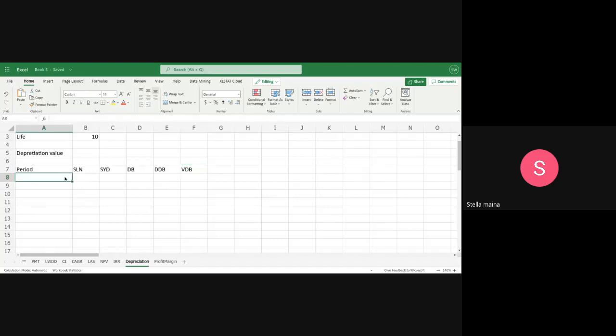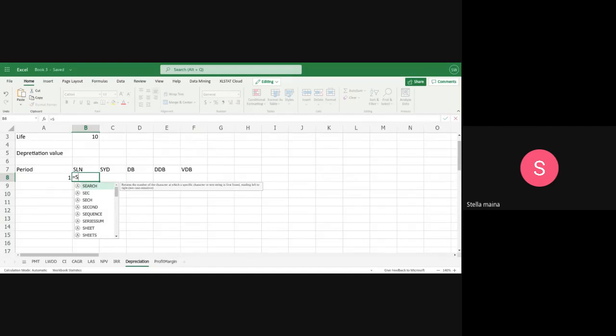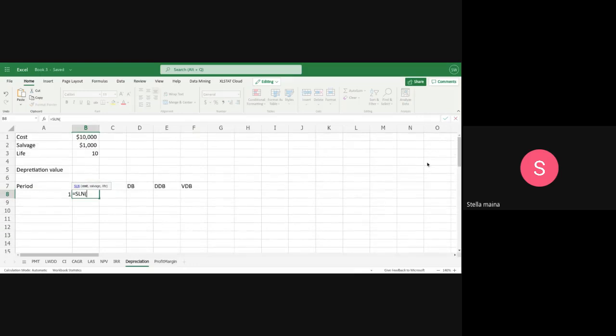So the first period, to get the straight line value, you just say equals SLN, the cost. So remember we have our cost here.